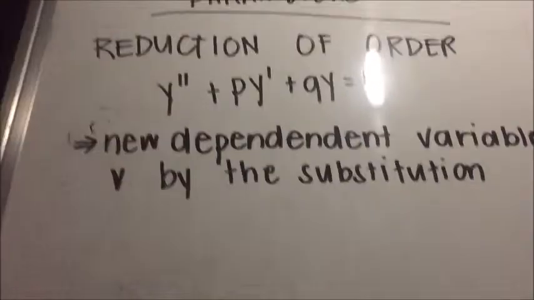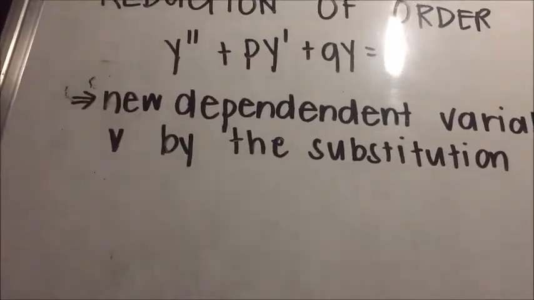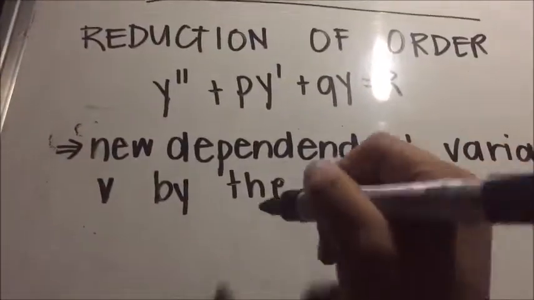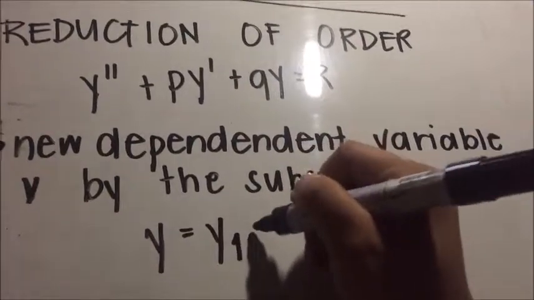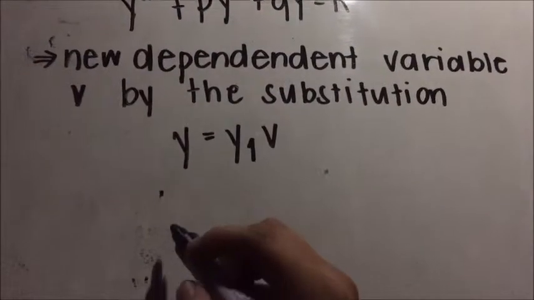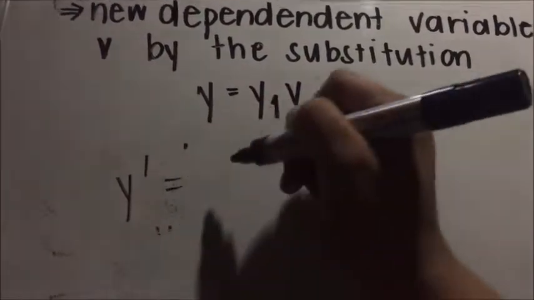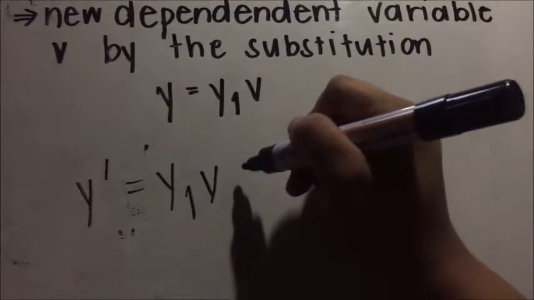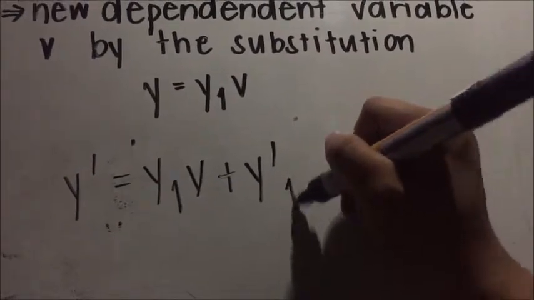And then we introduce the new independent variable v by the substitution y is equal to y1 v, which leads to a solution of equation 1.